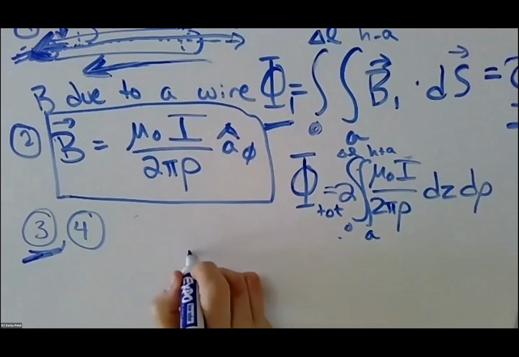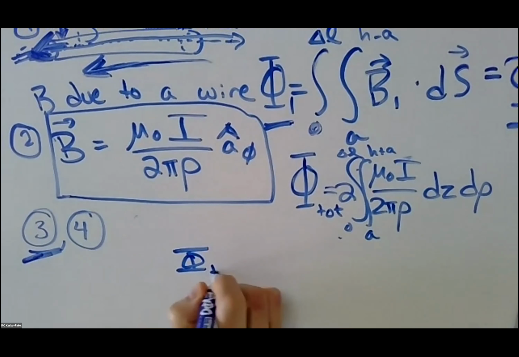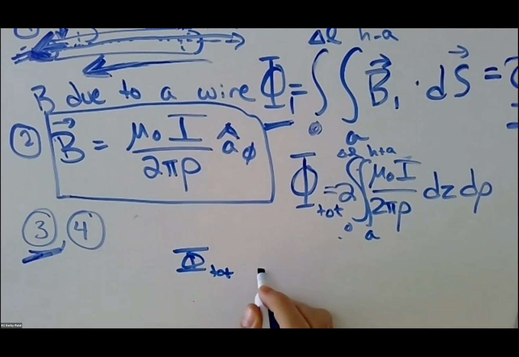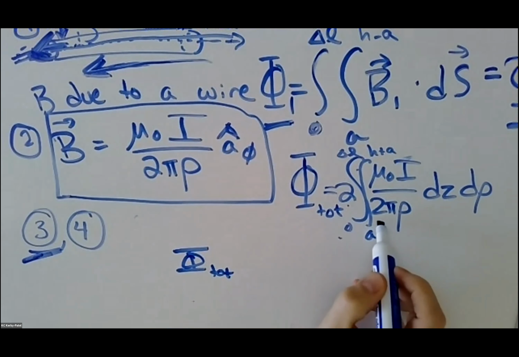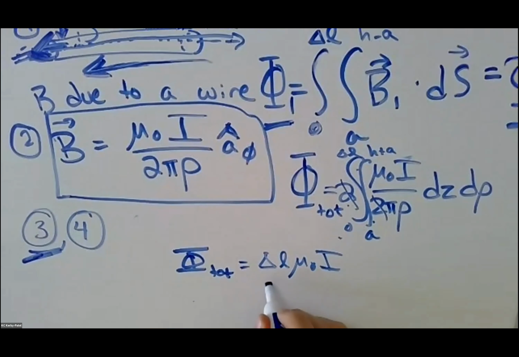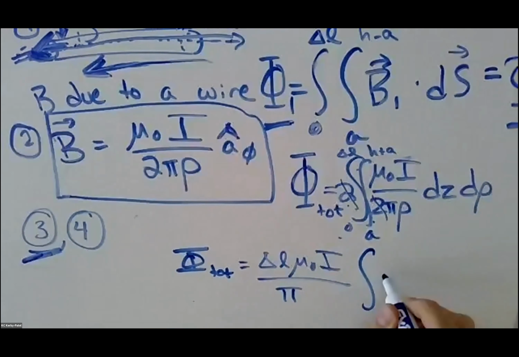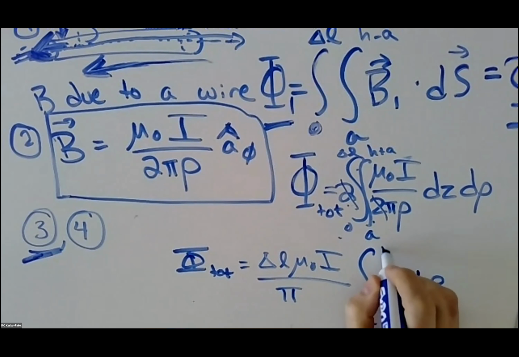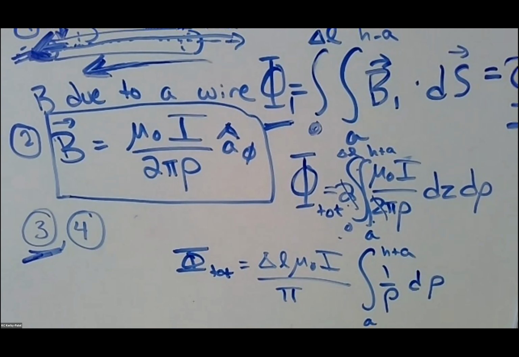So far I have that the total flux is multiply this 2 by this 2 and cancel them. Then I have delta L mu naught I over pi. So far so good. And then I'm integrating 1 over rho d rho from A to H plus A. Remember that the integral of 1 over x is natural log of x.